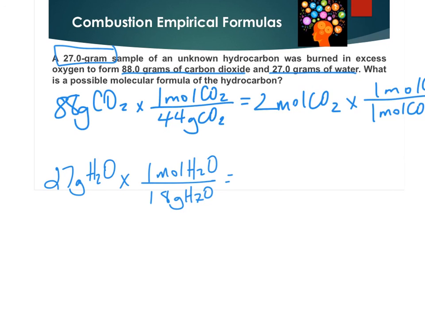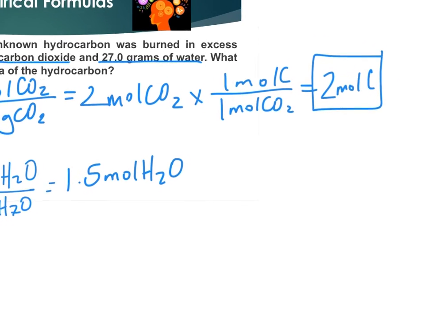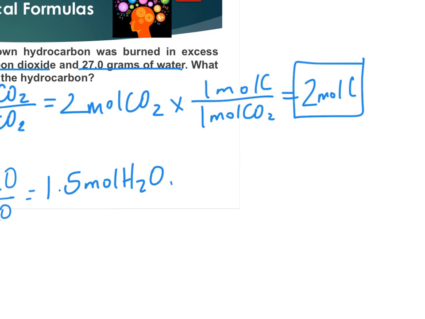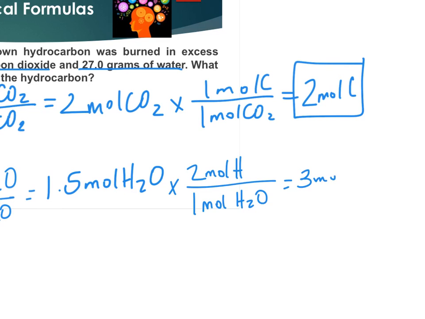See, this is why it's important that y'all get rest the night before the AP test so your brains work. So 1.5 moles of water. Okay, but again, you have to get it to the moles of hydrogen for it to be useful. So for every 1 mole of water, there are 2 moles of hydrogen atoms, right? And so we're going to do 1.5 times 2, and that says we have 3 moles of hydrogen.